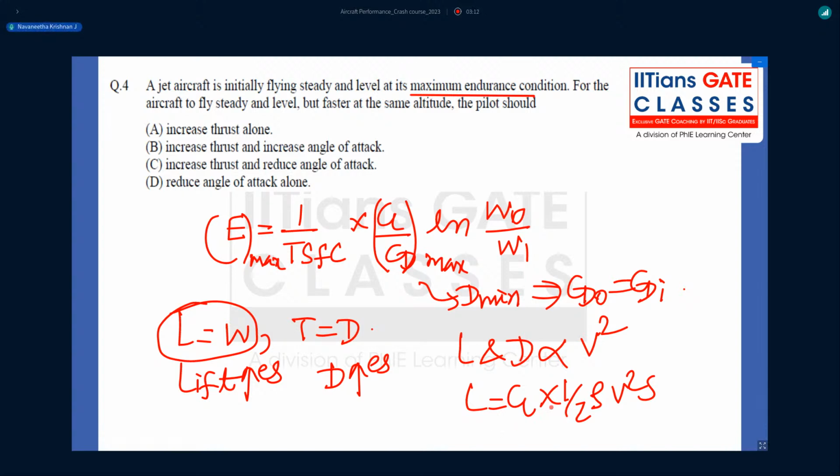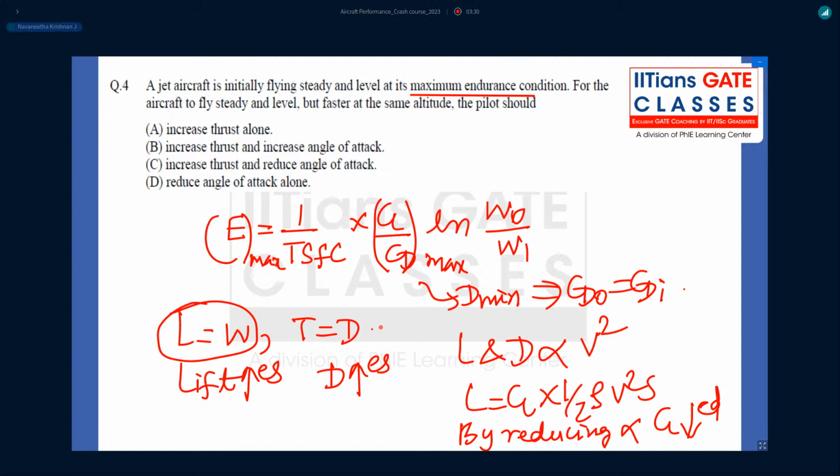So how can we decrease CL? By reducing the angle of attack. By reducing alpha, CL can be decreased, thereby we can maintain steady level flight.